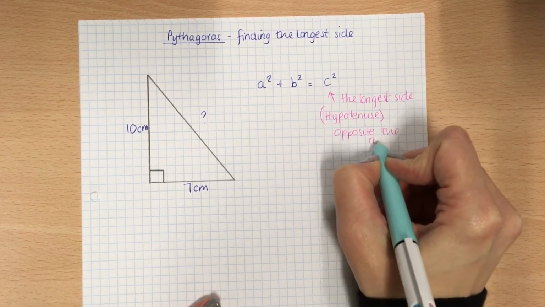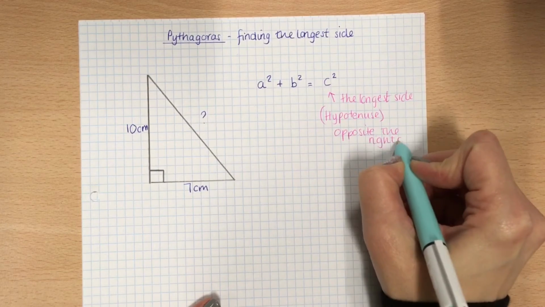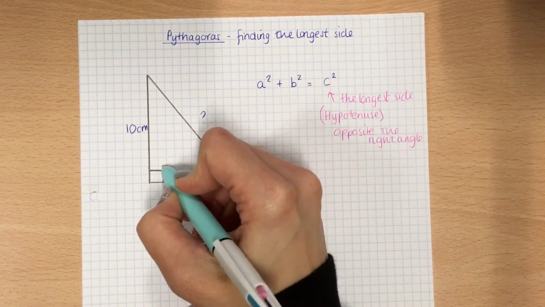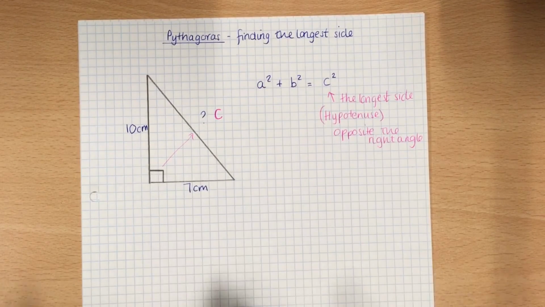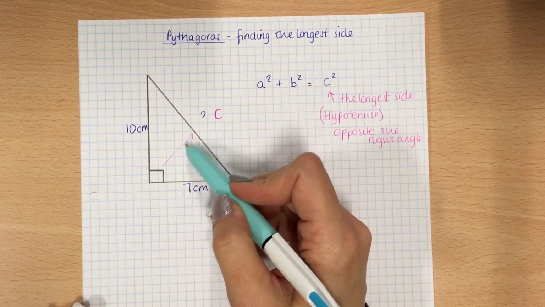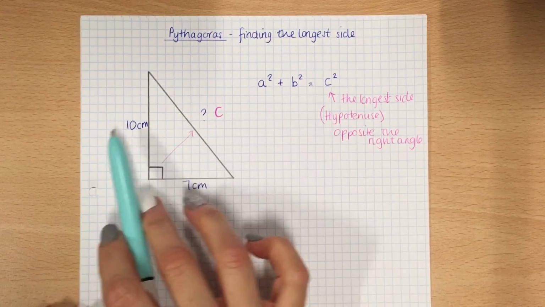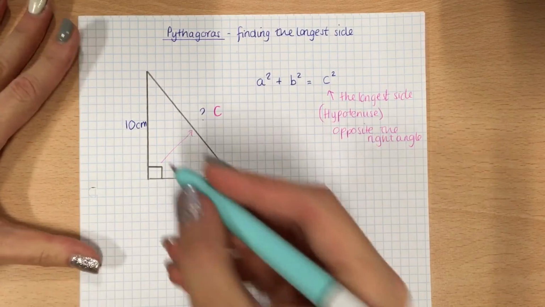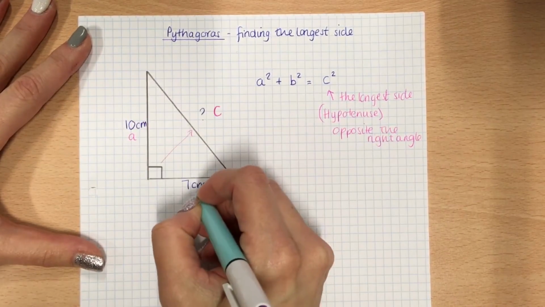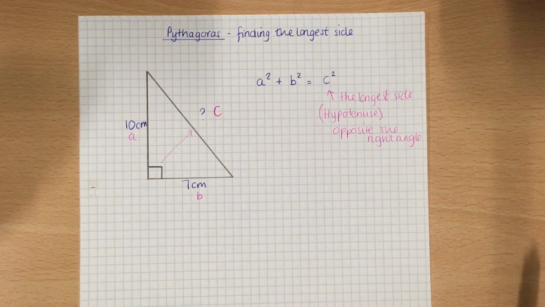So if you're not sure if it's the longest side or not, it's always the side that's opposite the right angle. So this side is always going to be C. It could be that your triangle is the wrong way round, but it's always the one that's opposite the right angle. Okay? The other two sides are A and B, and it doesn't matter which way round you put those. Okay? So this side's going to be A, and this side's going to be B.